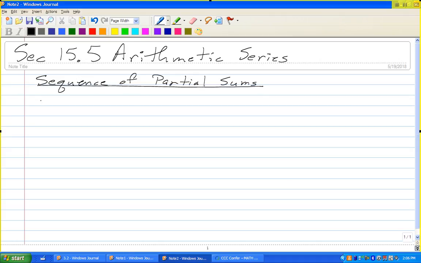Okay. So first let a sub n be some sequence. Then we will define the sequence of partial sums as follows.